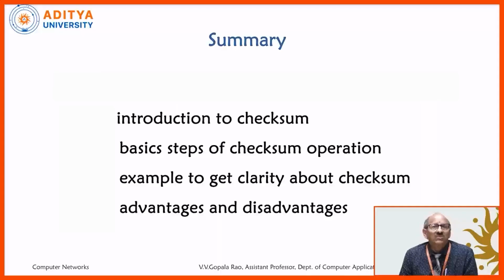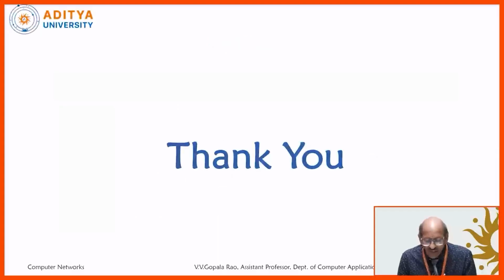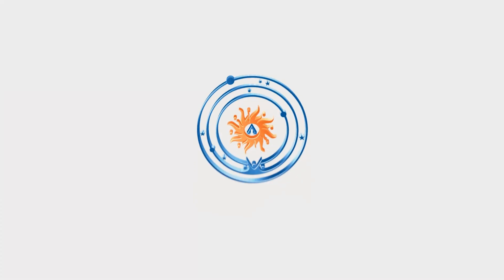Based on the checksum value, which is very important, we also identified the advantages of the checksum and the problems and disadvantages of the checksum procedure. So, that is all about the checksum. Thank you.